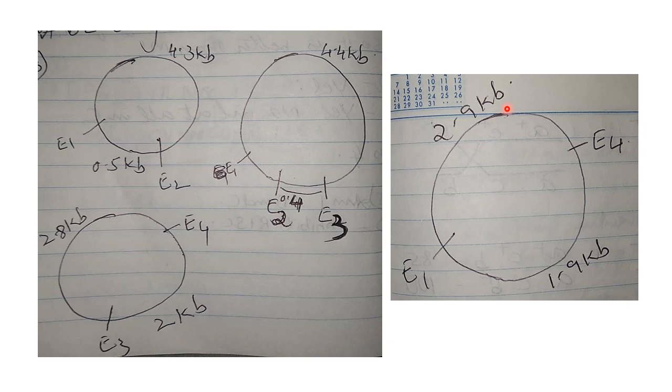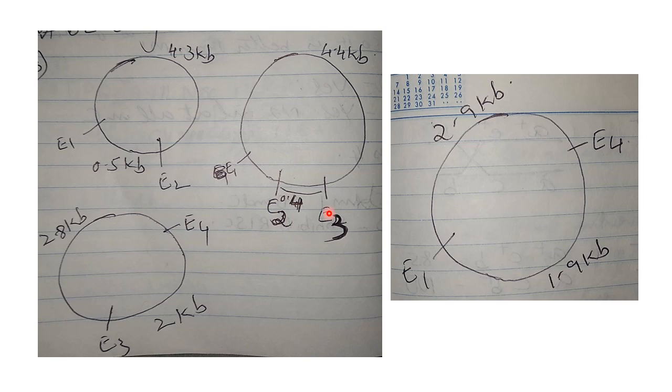So now we will see the statements they have given. E1 and E4 have two recognition sites each in the plasmid. E1 and E4 have got only single recognition sites in the plasmid, not two. Then E2 recognition sequence is located between E1 and E3. That is correct as per this figure. The sequence of recognition sites after digestion of the plasmid with E3 is E4, E2, E1.